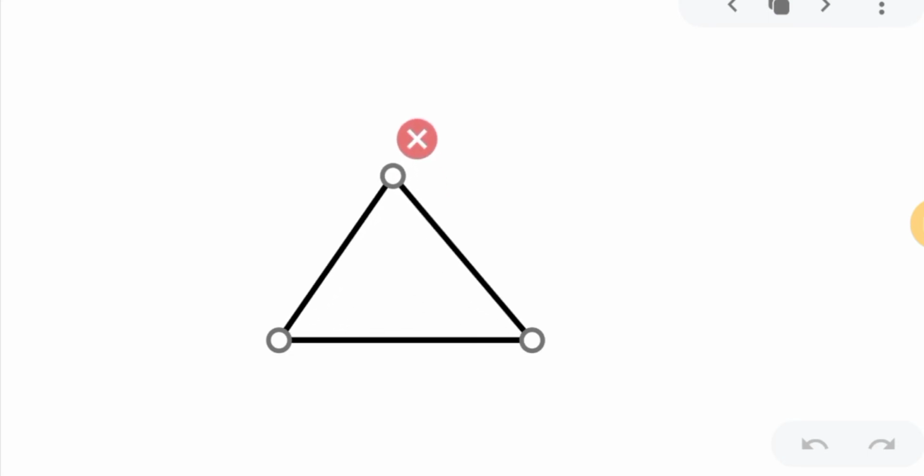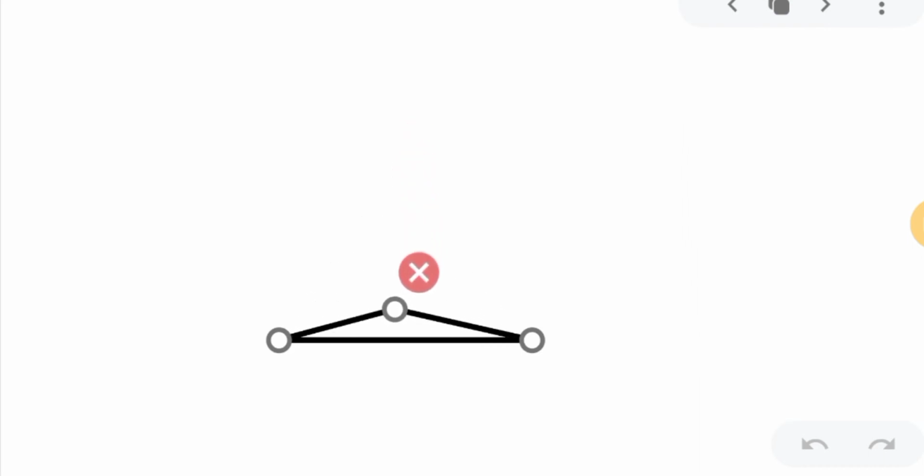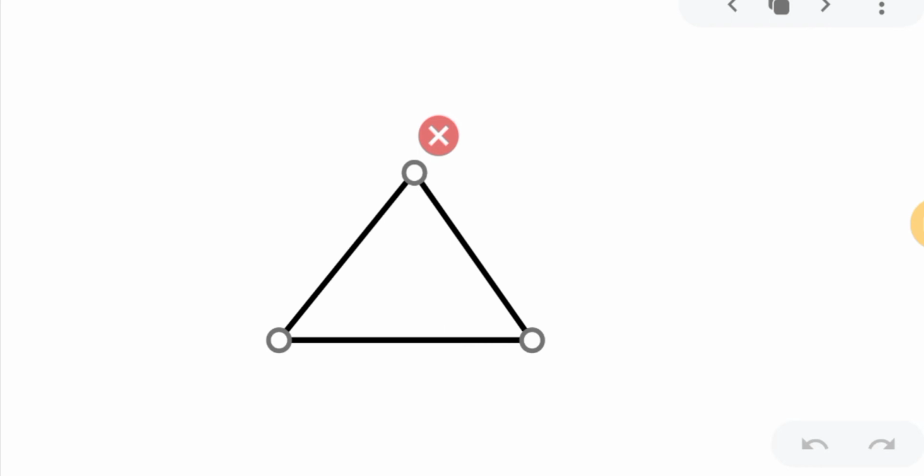But if these 3 points become collinear, then the area will become 0. This is the situation. That's why I'm telling you that the area of this triangle will be 0.